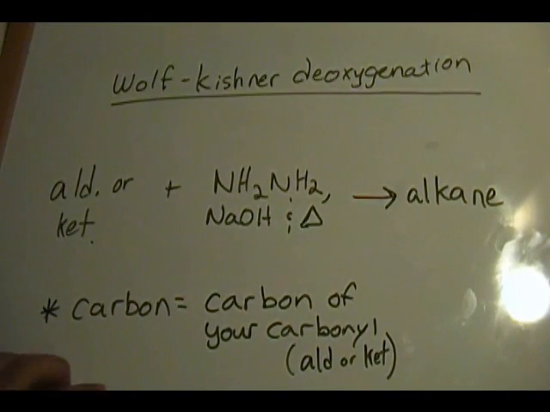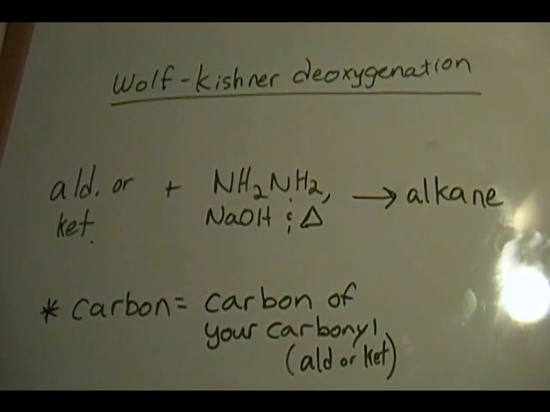So the point of labeling your star carbon is that it helps you when drawing the product, okay? Because all the reaction mechanism takes place and focuses on that specific position, that star carbon.